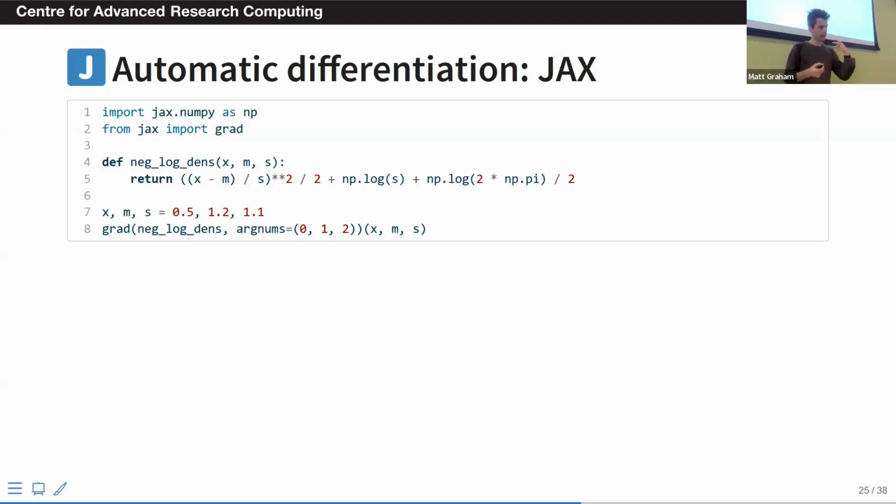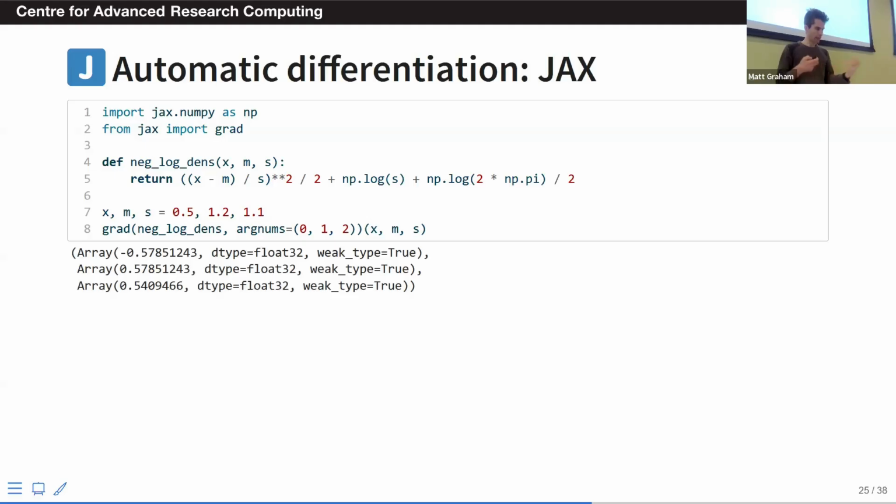But in this code example it's not apparent, other than in the fact that the output here we can see, for example, is in 32-bit floating point precision. This is because JAX has made a design decision to default to single precision because it's often used on accelerator devices where that is more useful, or you will get better throughput.